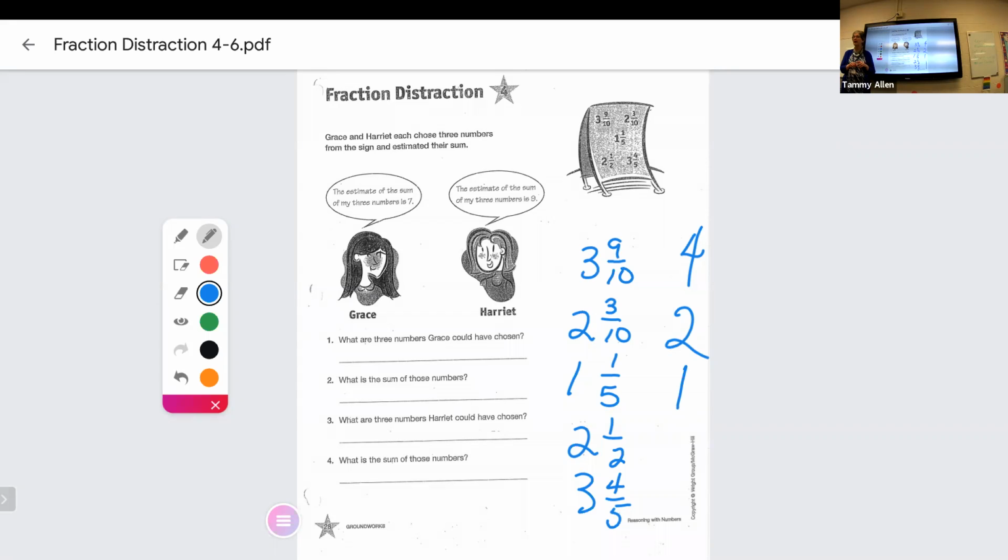2.5, what would we round that to? 2.5. Because? Half, if it's half, then we have to. Okay, half we go on up. And 3 and 4/5, 3 and 4/5. Abby?